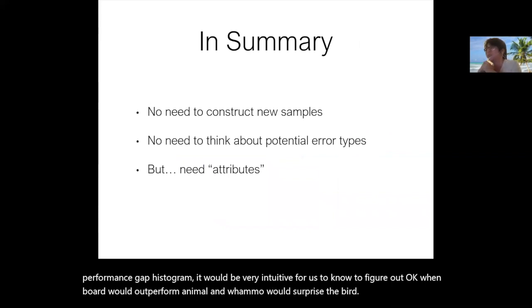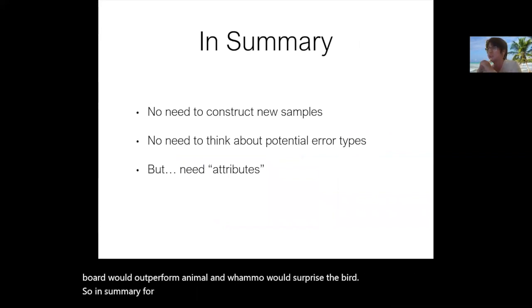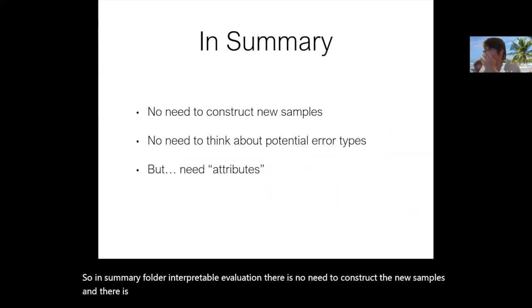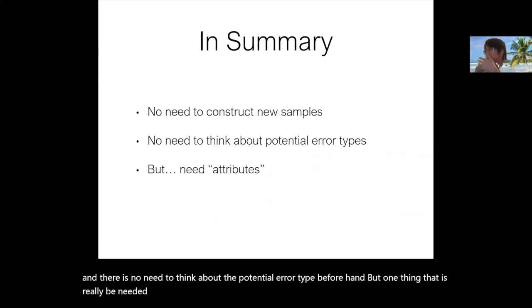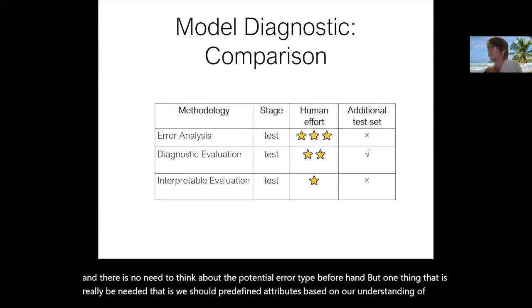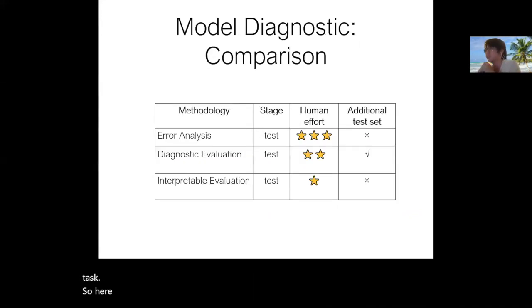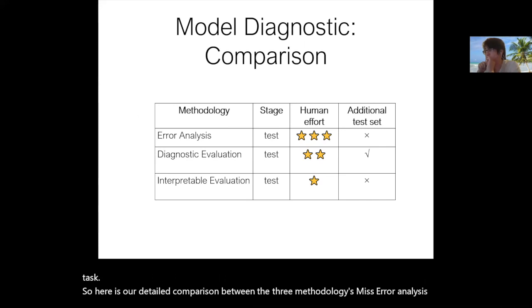So in summary, for the interpretable evaluation, there is no need to construct new samples, and there is no need to think about the potential error type beforehand. But one thing that is really needed is that we should predefine the attributes based on our understanding of this task. So here is a detailed comparison between the three methodologies: error analysis, diagnostic evaluation, and the interpretable evaluation.